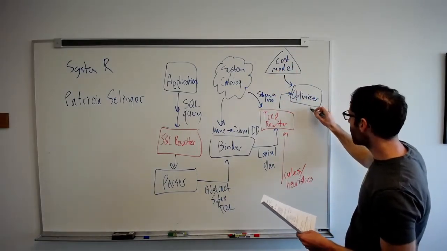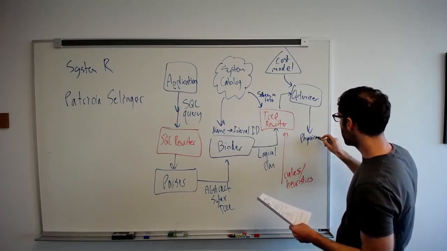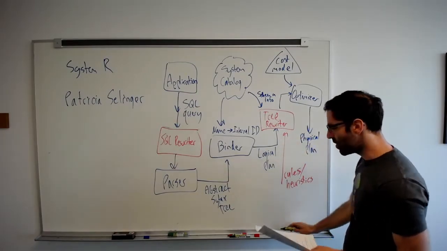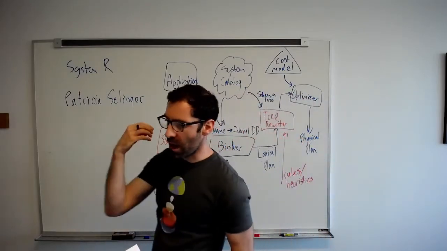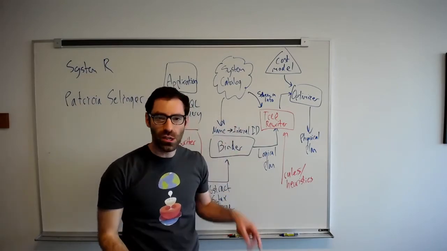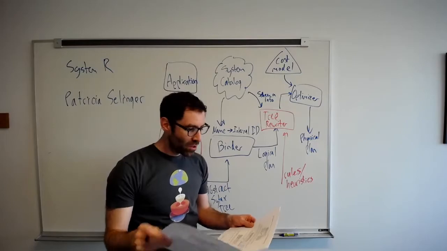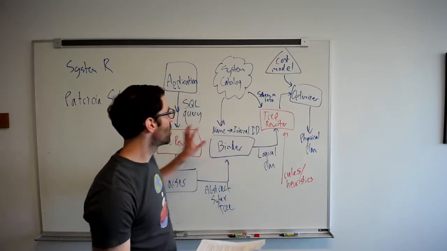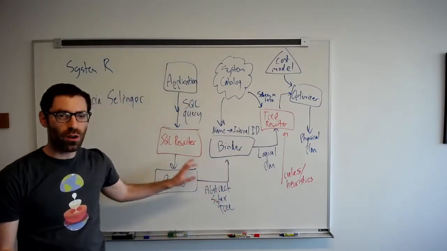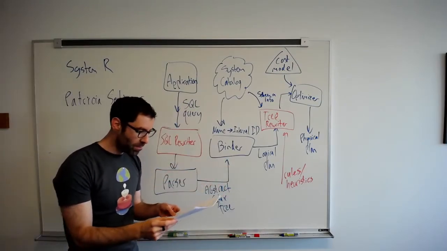But out of the optimizer would come the physical plan, the actual, here is the operator, the function that should be called to do each step of our query. So that's the big picture of how planning and optimization is going to take place.